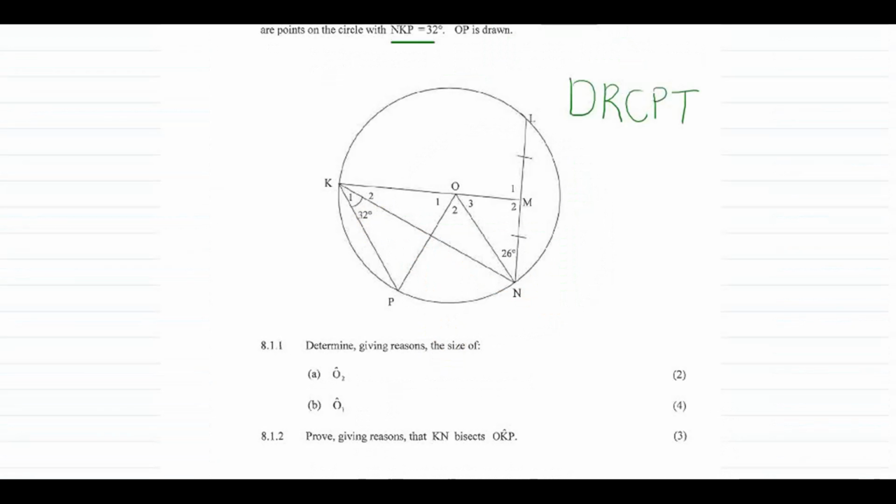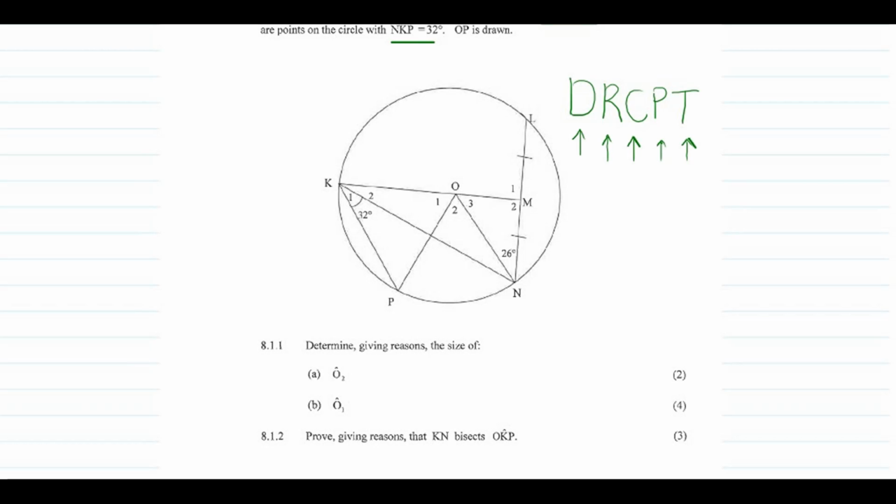When working with geometry riders or Euclidean geometry questions, you need to always remember the acronym DRCPT. The D stands for diameter, the R stands for radius, the C stands for cyclic quadrilateral, the P stands for parallel lines, and the T stands for tangent.